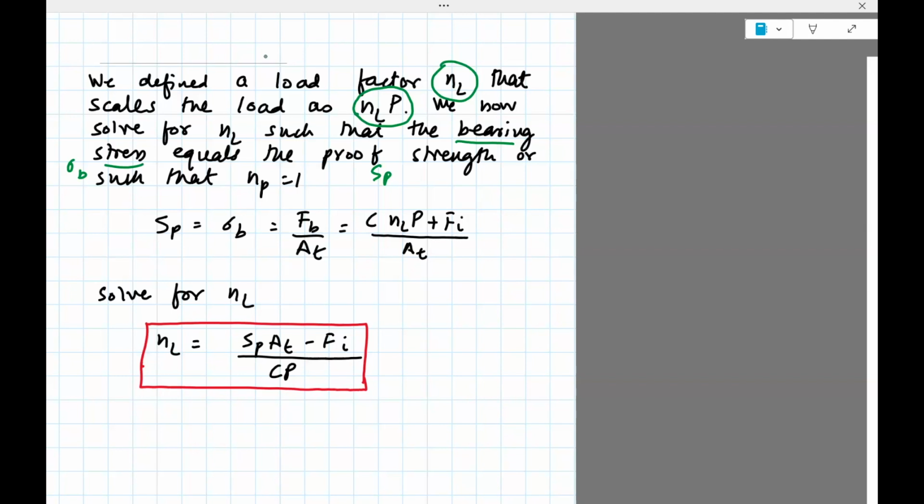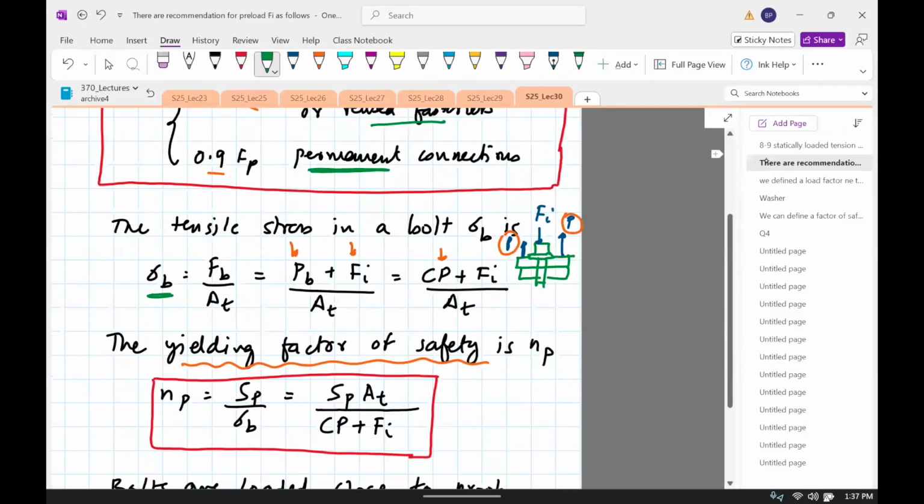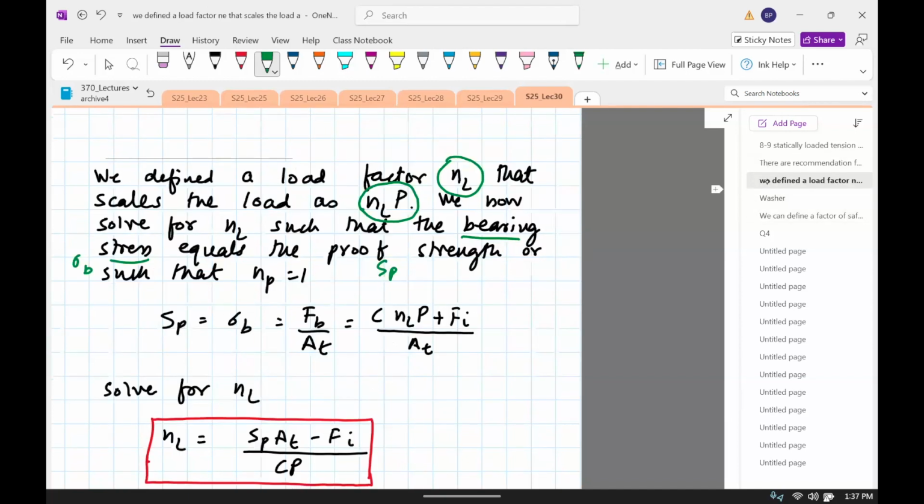You remember there was an expression for NP, the factor of safety. So all we are doing is saying if NP is 1, what is the corresponding load? This is the load at which the bolt will fail, because the moment NP becomes less than 1, it will fail. But instead of trying to find P, we are scaling P and seeing how much it is with respect to P so that we can use it for any design.